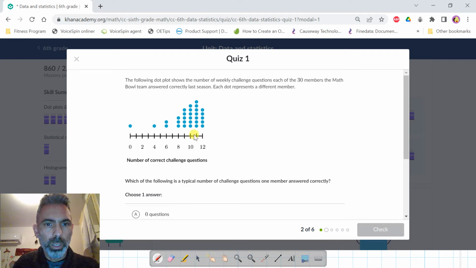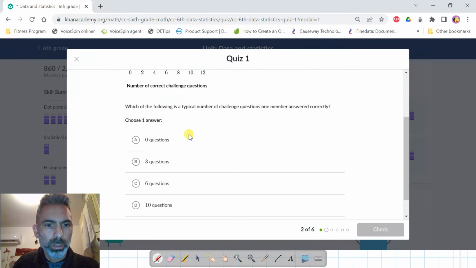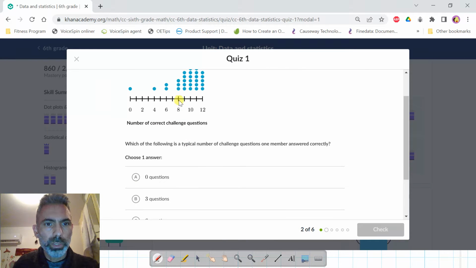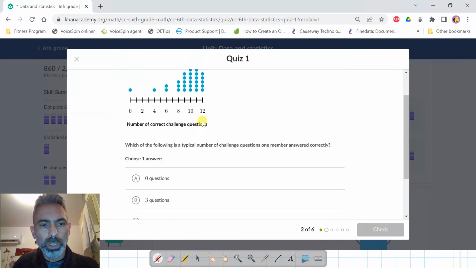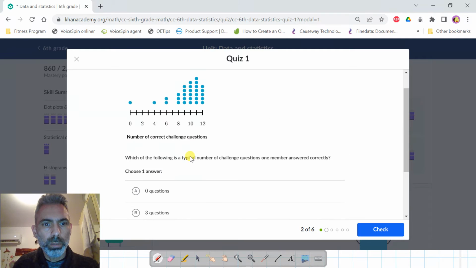So I guess a typical number is around 10. 6 is in the middle, and we see that the mass of the points are leaning to the right, so 10 is a typical number of challenge questions that one member answered correctly.